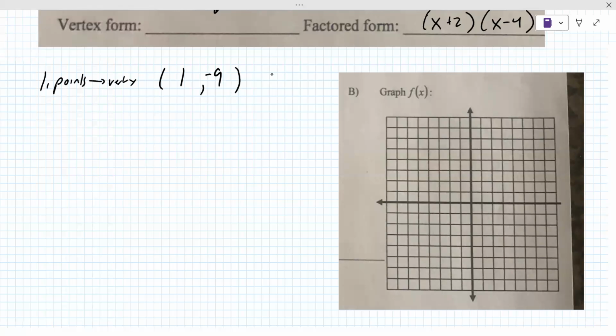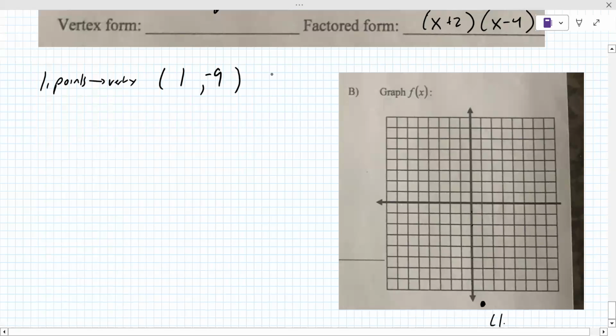So you can either extend the graph, 1, 2, 3, 4, 5, 6, 7, 8. I'd probably extend the graph instead of going by 2, probably just extend it. The other points that you might use could be the x-intercepts. Those come from the factored form.